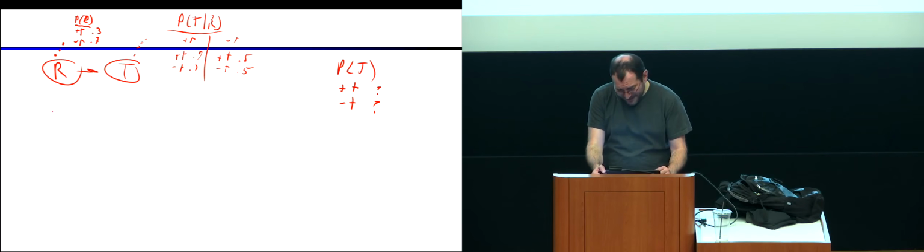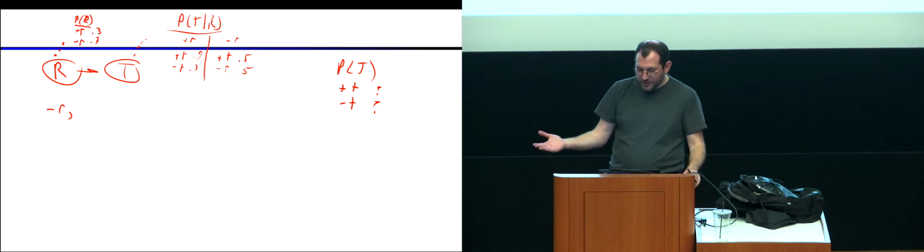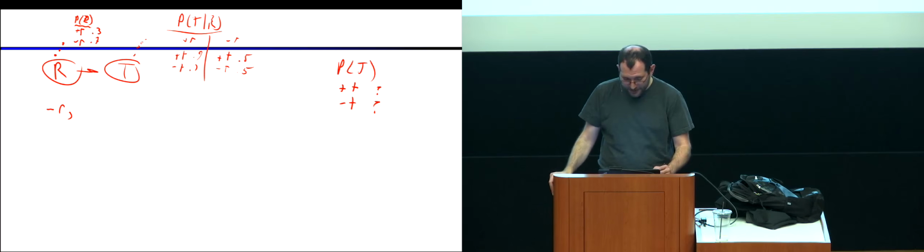The most likely sample, which might not happen first, would be that there's no rain. So I flip a coin, and 70% of the time it comes up no rain. So my first sample, let's pretend it's no rain. And then at T, I need to pick a value for traffic. In the no rain case, it's 50-50 whether it will be plus or minus. What would you like? CS188.random, go.